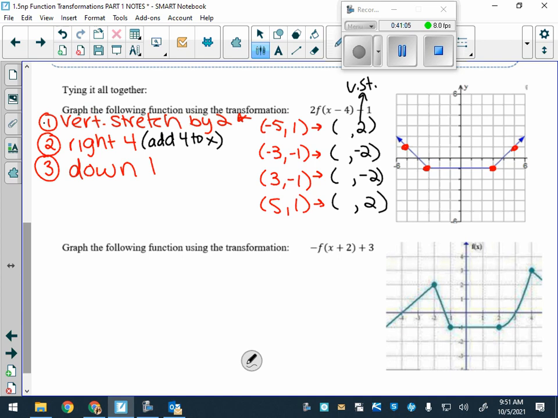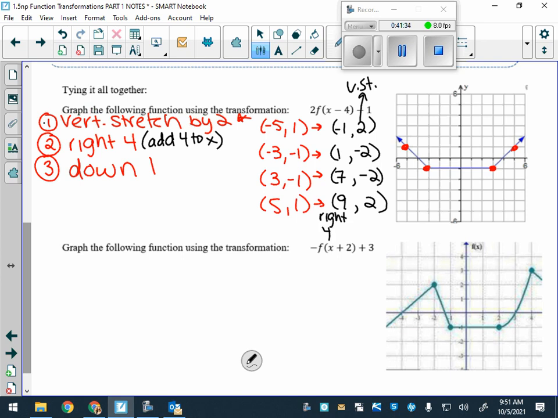So negative 5 plus 4 is negative 1. Negative 3 plus 4 is 1. 3 plus 4 is 7. 5 plus 4 is 9. So what we did right now is just take care of right 4 and vertical stretch.